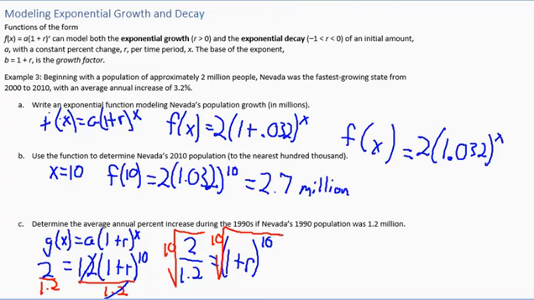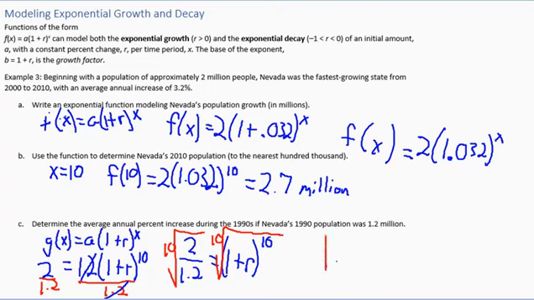If you do that, you get over here 2 over 1.2 to the 10th root, sorry.